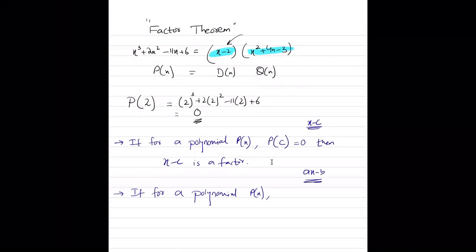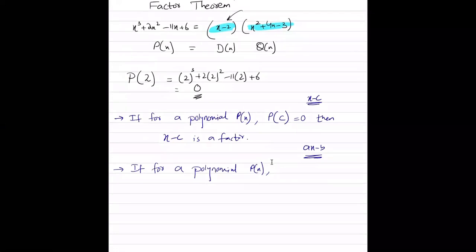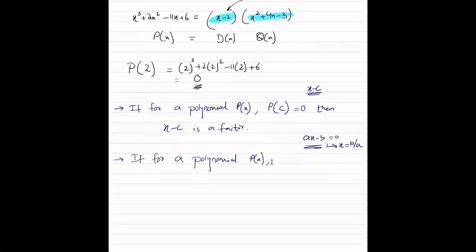If you want to check whether ax minus b is a factor or not, you are going to equate ax minus b to 0 and get the value of x. So you are going to get x equals b upon a. And if you plug in b upon a in the polynomial and you get the answer as 0, then ax minus b is a factor.